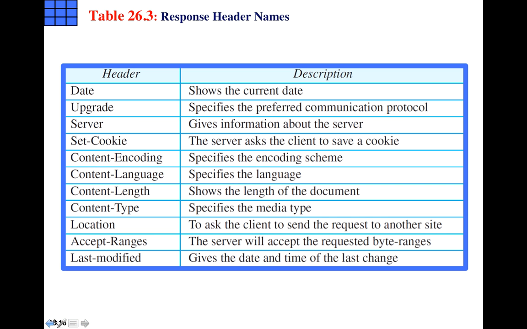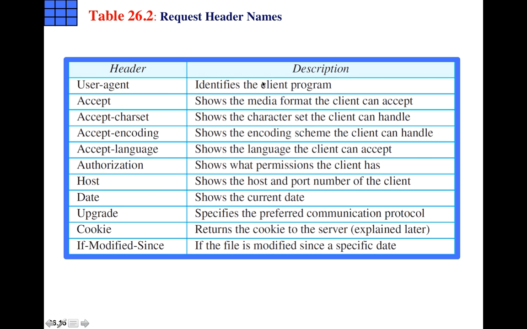So we are looking at the request header names. We have the user agent, so you could use this to specify more information about the client program. Then we have accept, which will specify what media format the client can accept.